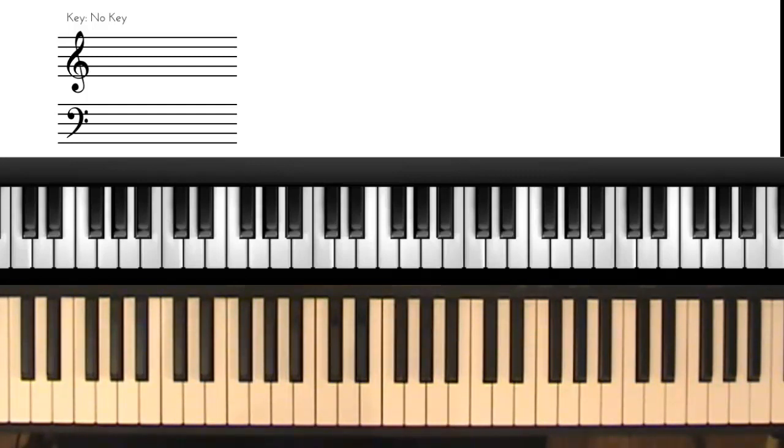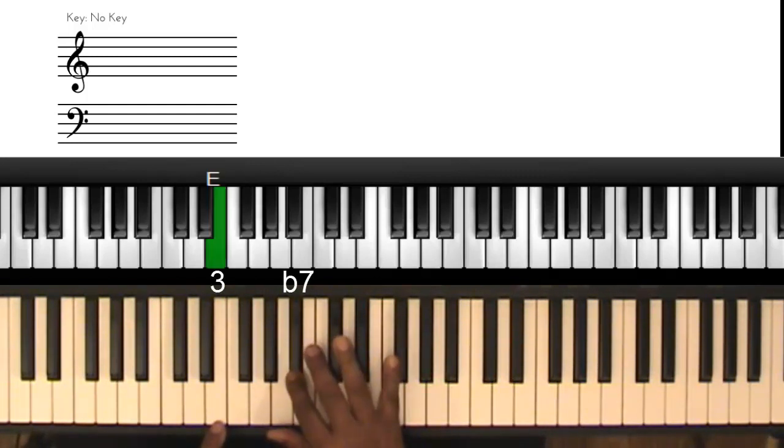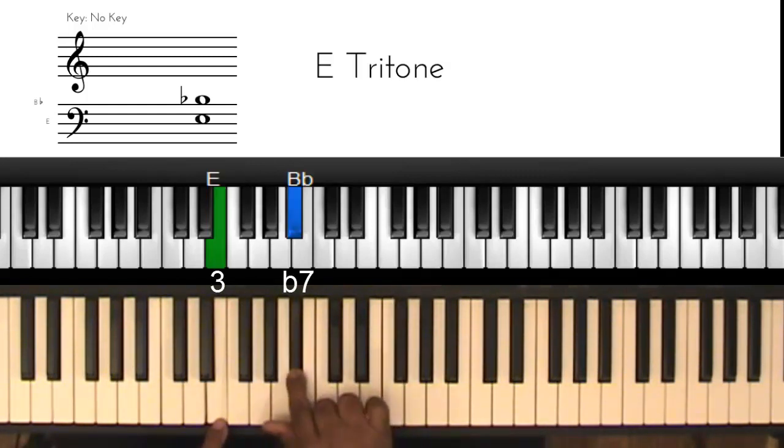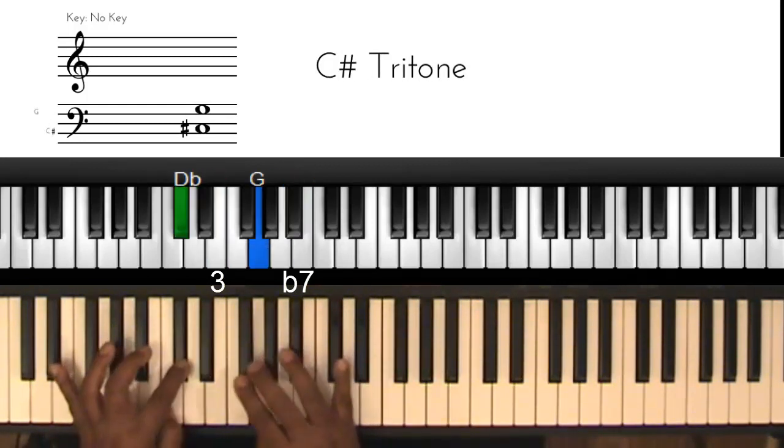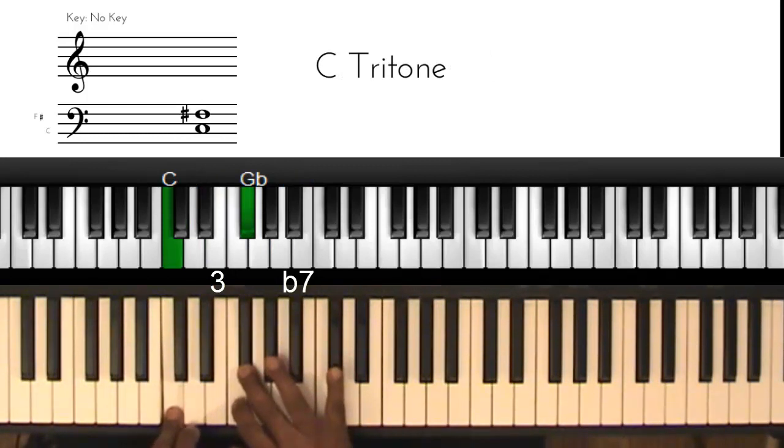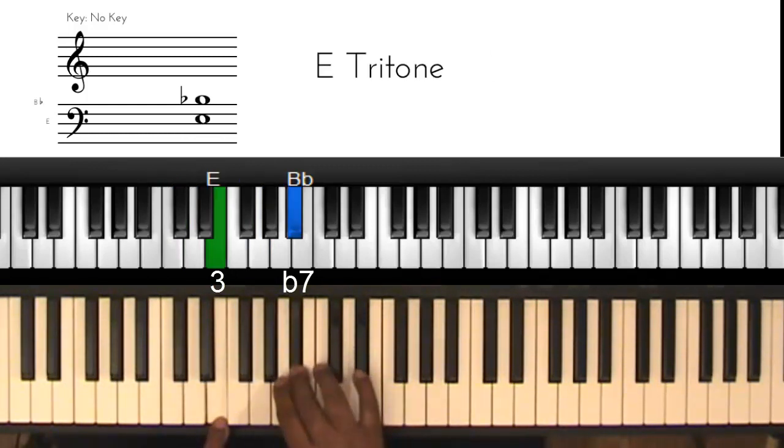To start with, we recall that a dominant 7 can be identified by its third and seventh. It's usually a diatonic third and a flatted 7, commonly referred to as the tritone. Any of these are necessary for you to have a dominant chord.